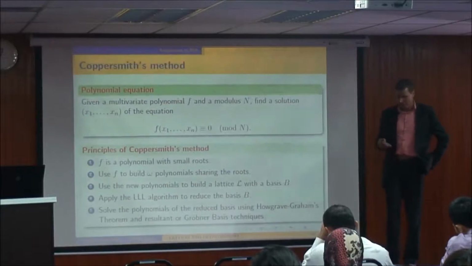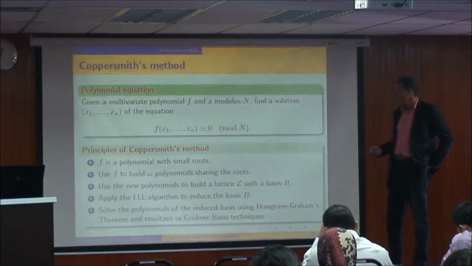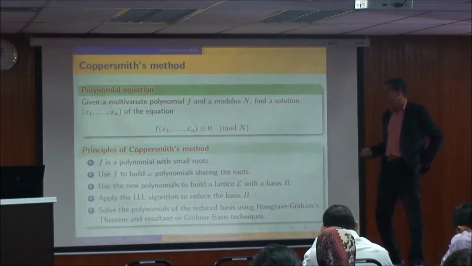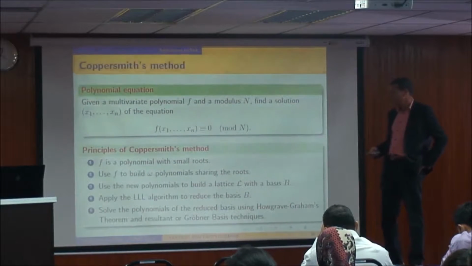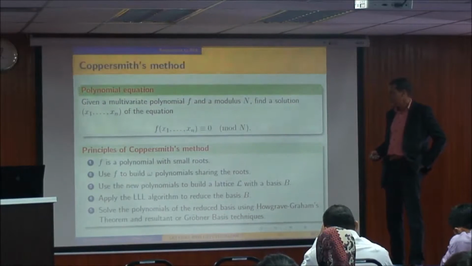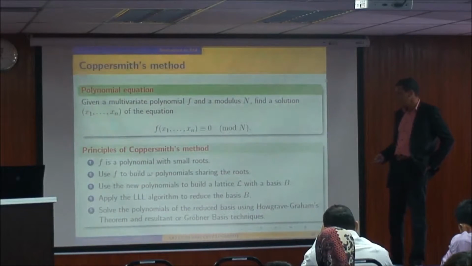So the principles of the Coppersmith method are like this. F is a polynomial with small roots. We can use F to build other polynomials sharing the same root.